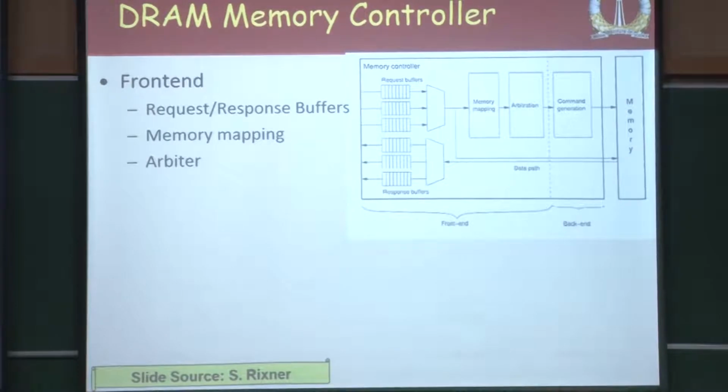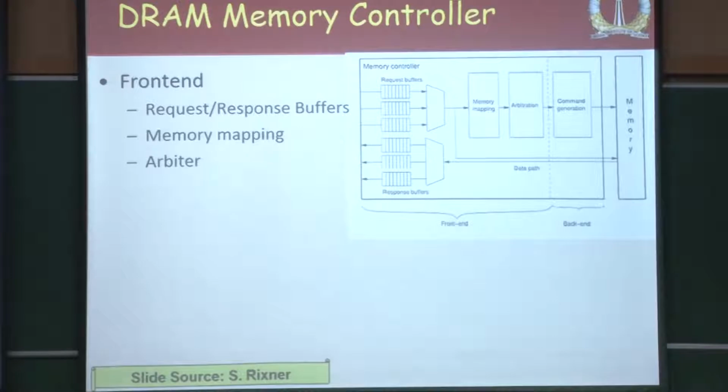Whenever the data is accessed, after x number of cycles it is brought through the bus to the memory controller, goes to the response buffers, and from there it goes to the caches. We are not going to see all the details, but this gives you pictorially the idea of a set of request buffers and response buffers, and some kind of arbitration which will choose the requests in some way and then accordingly generate the commands.